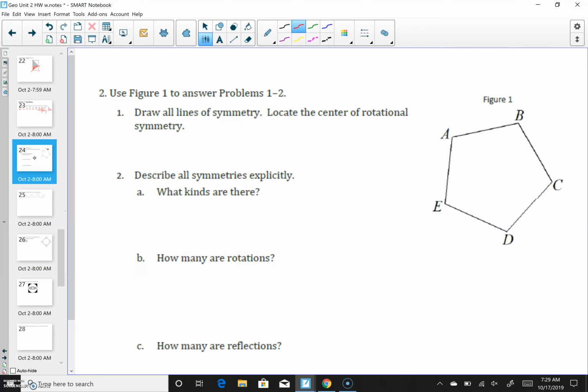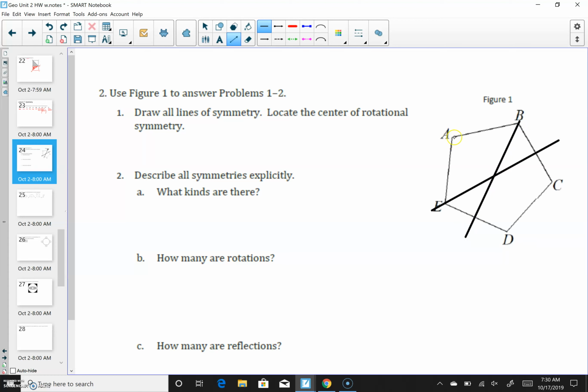Use figure 1 to answer problems 1 and 2. Draw all lines of symmetry, and you're going to locate the center of rotational symmetry. So this is a regular pentagon, and I'm going to use my straight line tool here. All of your lines of symmetry are from your vertex through the midpoint of your opposite side.